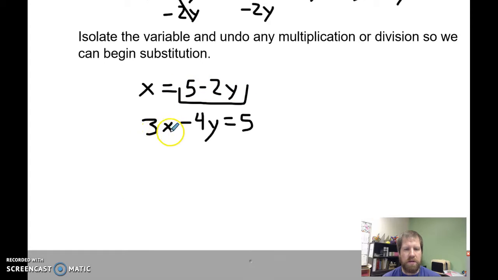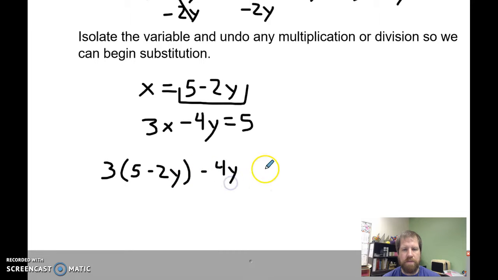So this 3x is going to become 3 times 5 minus 2y, minus 4y equals 5. 3 times 5 is 15. 3 times negative 2 is negative 6y, minus 4y equals 5.